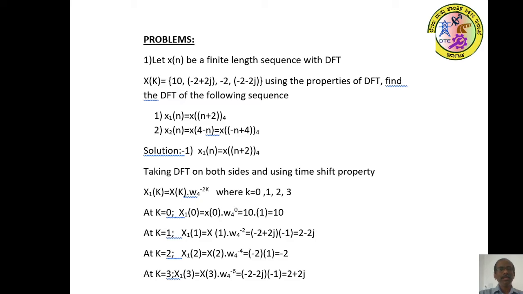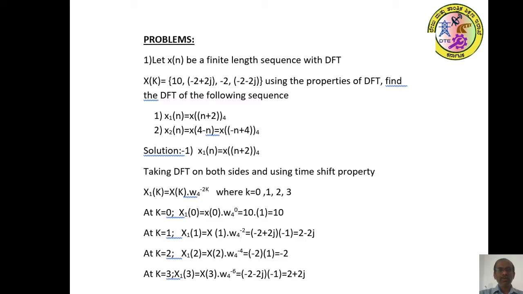Then we continued with some properties of discrete Fourier transform like linearity, time reversal, time shifting, frequency shifting, circular convolution, circular correlation, Parseval's theorem, and so on.